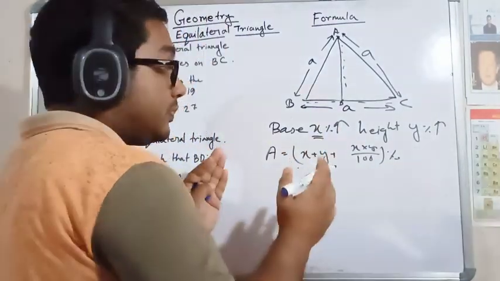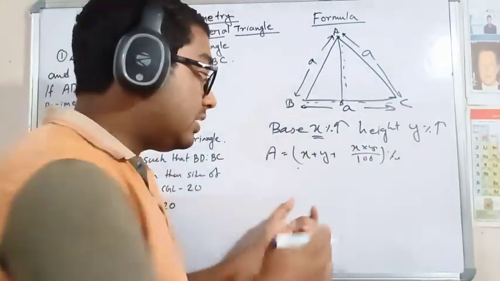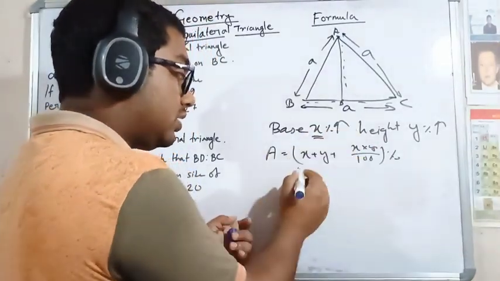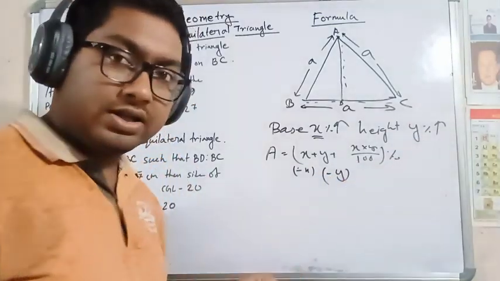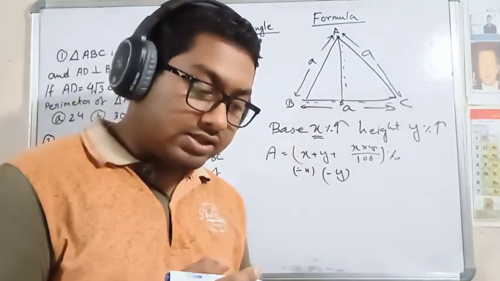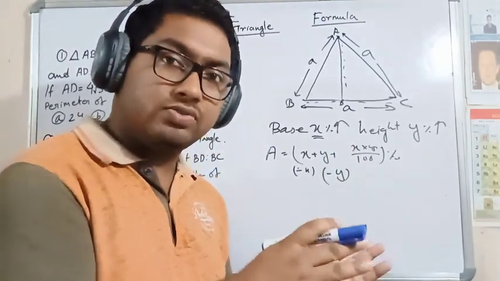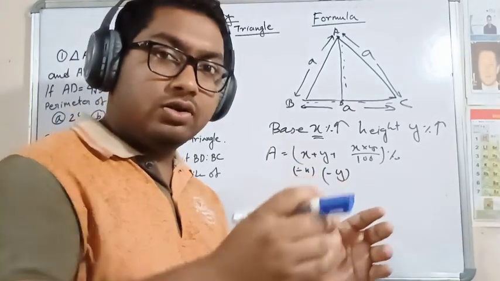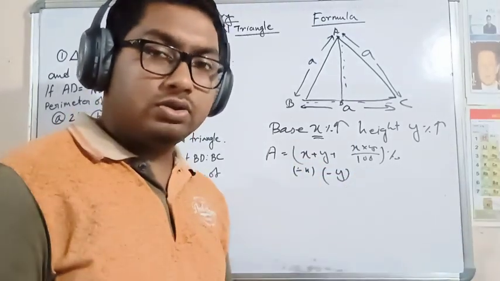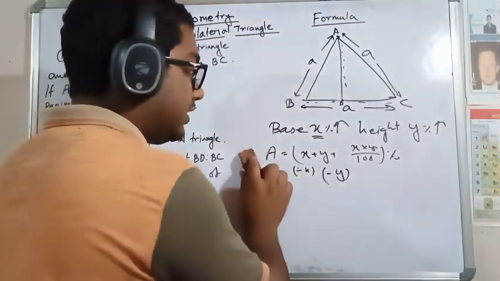And suppose the base or height decreases, then with a similar formula, whichever decreases, take it as a minus x or a minus y. I understand what I want to say. If it decreases, then we assume that term as a minus. So we use this formula, taking the minus, and we find out how much the area will decrease.